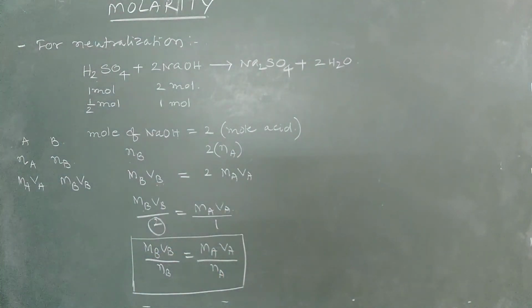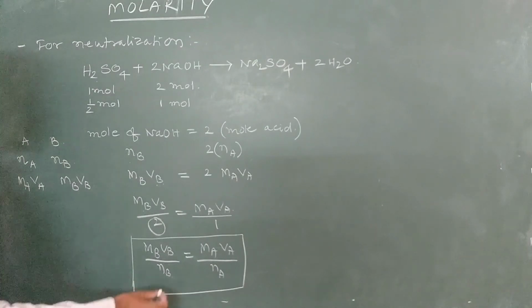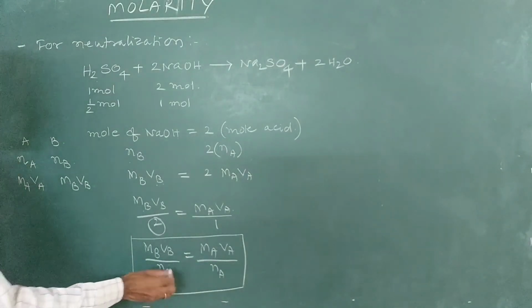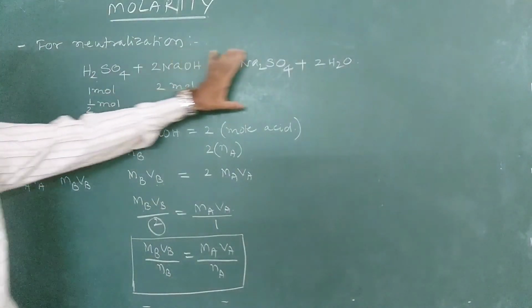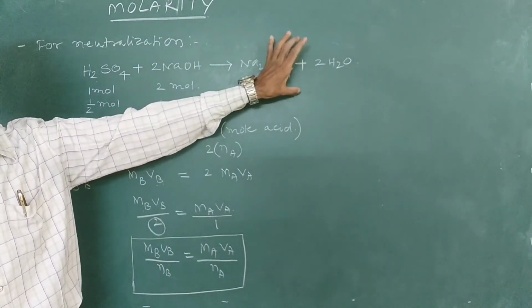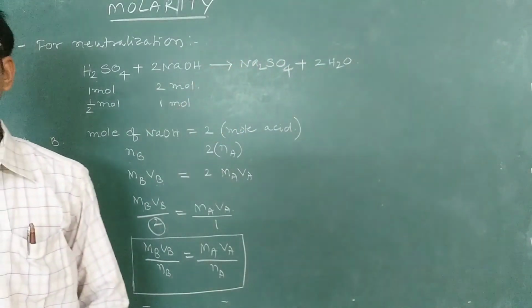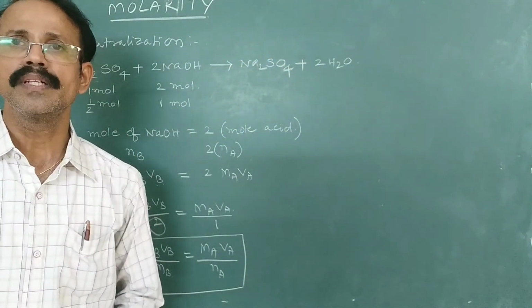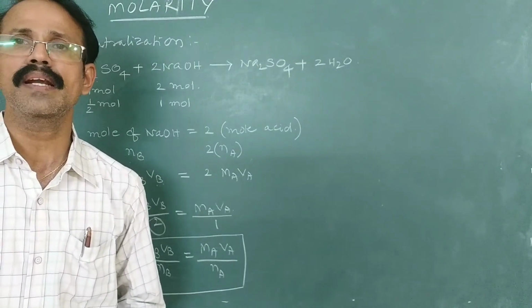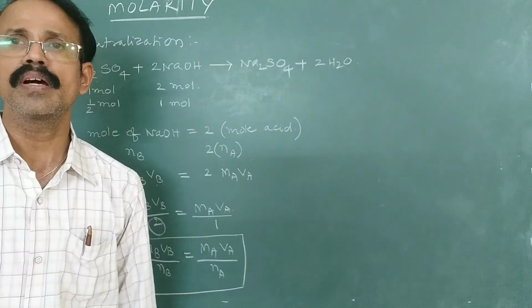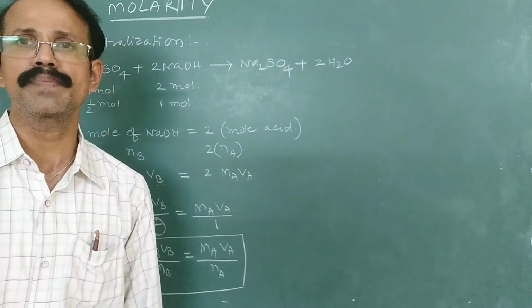Na and Nb are the numbers of moles of acid and base, obtained from the balanced chemical equation. So this is the formula used in acid-base neutralization reactions for calculating the molarity of an unknown component, either acid or base. In the beginning of my lecture, I asked you some questions.